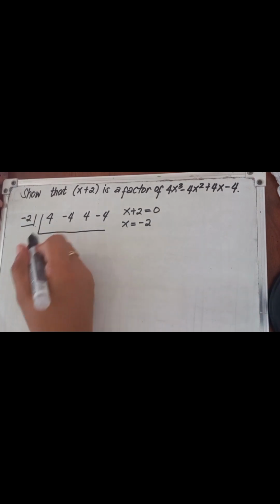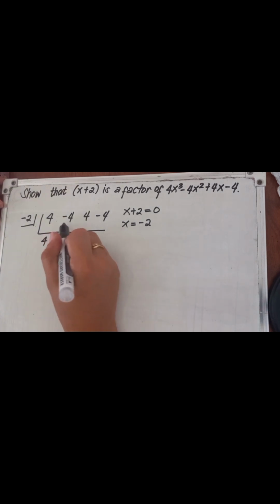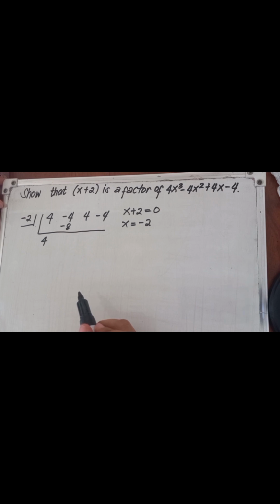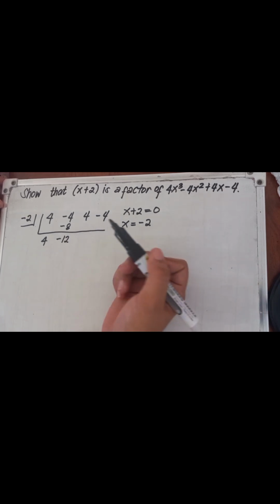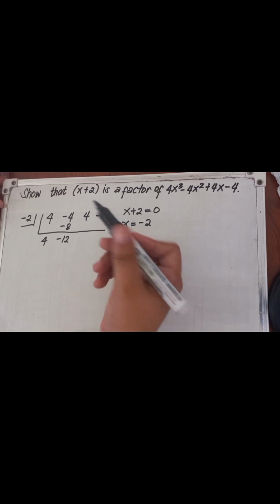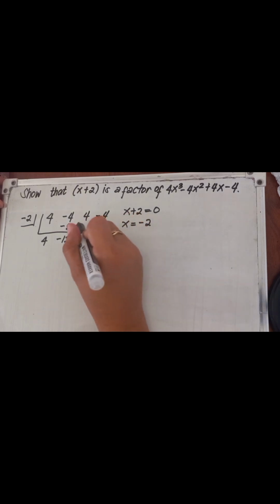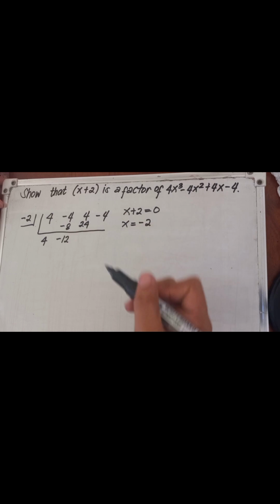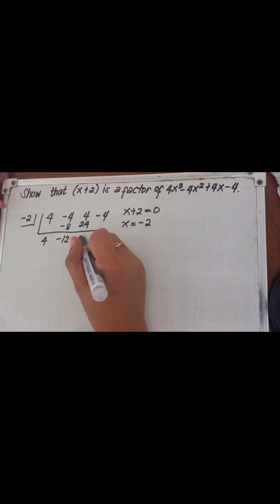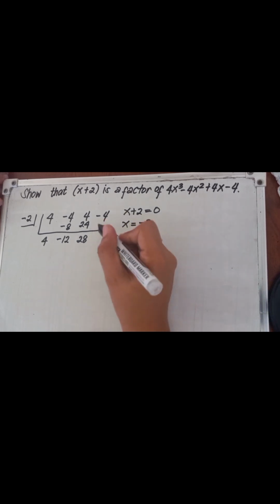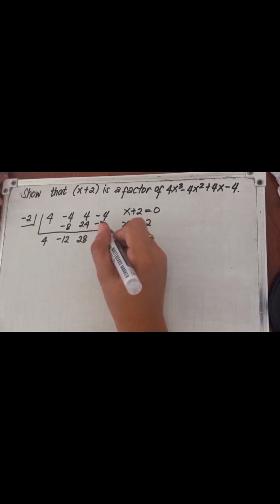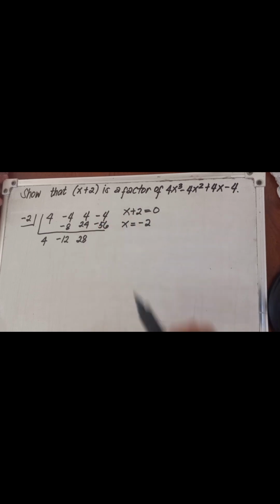Okay. First, bring down 4. 4 times negative 2 is negative 8. Negative 4 plus negative 8 is negative 12. Negative 12 times negative 2 is positive 24. 4 plus 24 is 28. 28 times negative 2, that is negative 56.